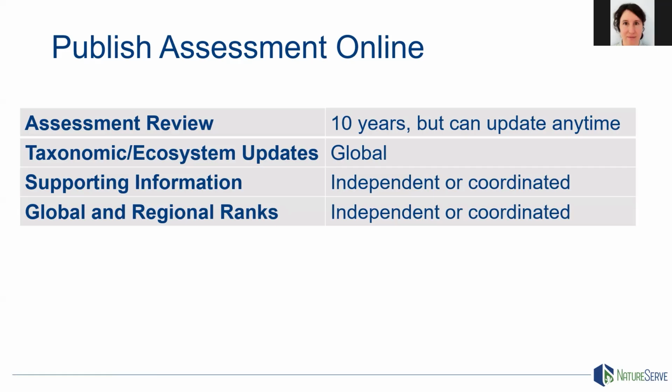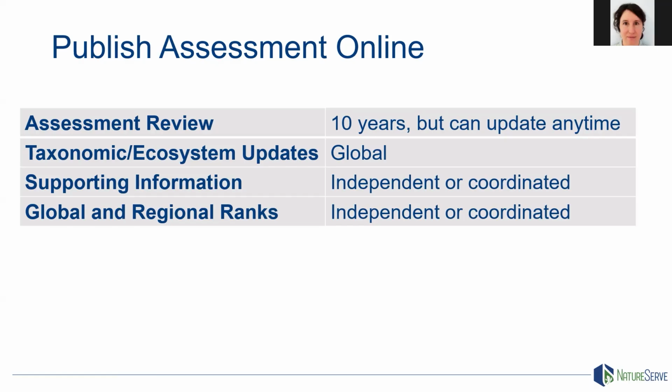And just a few final thoughts on publishing, before we wrap up the process discussion. We wanted to mention how data are updated and when species are reassessed. The goal was to review species and ecosystems every 10 years. Data on global taxonomy, supporting information like habitat or distribution, is updated independently of a conservation assessment.